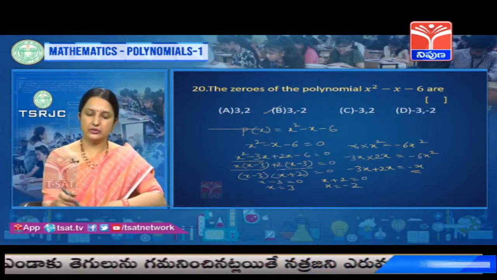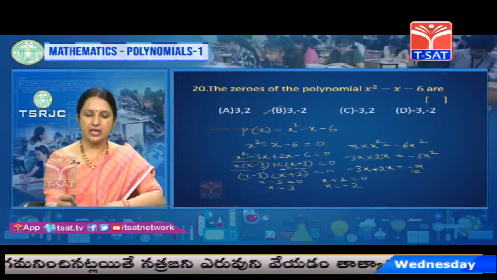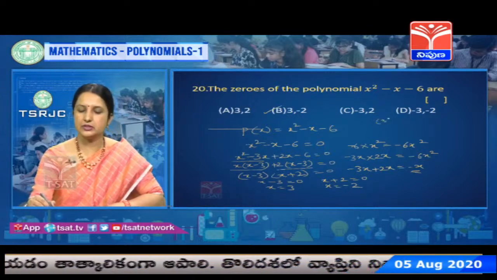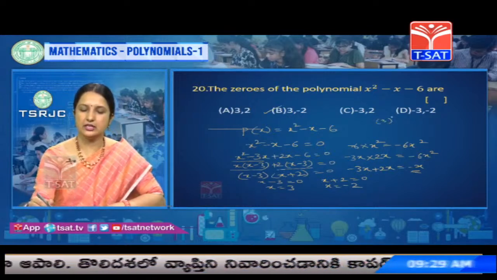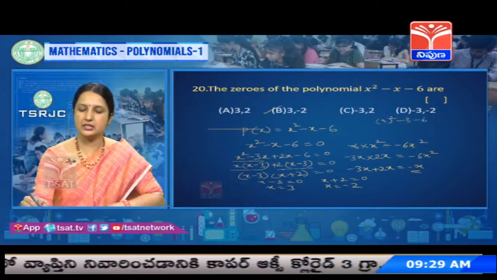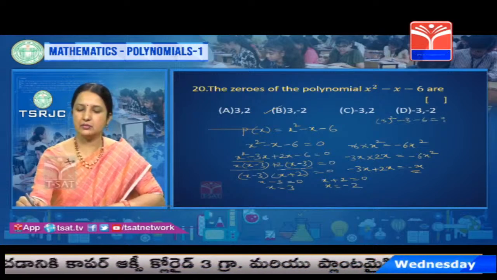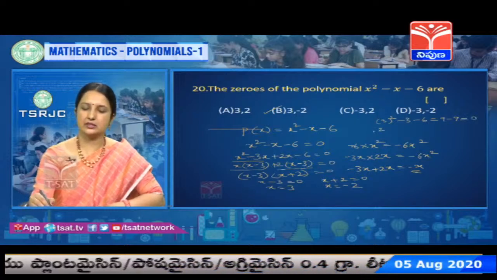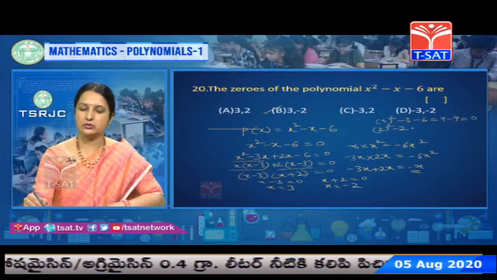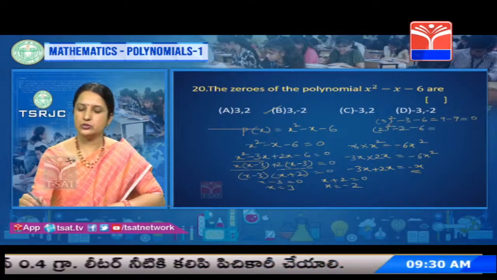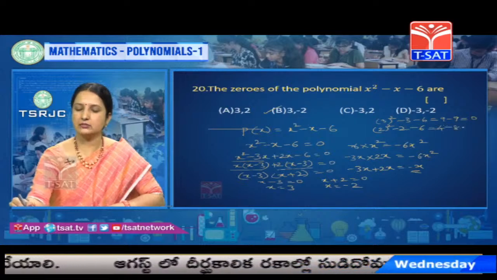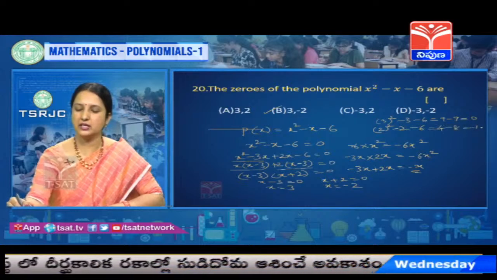Or if you don't know this method, you can go from the options. Check here: substitute in the place of x, 3 square minus 3 minus 6, you will get 9 minus 9 equals to 0. This is correct. You take 2: 2 square minus 2 minus 6. 2 square is 4. 4 minus 2 minus 6 is minus 4.